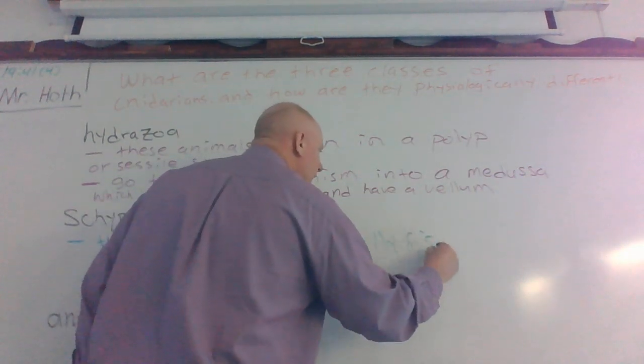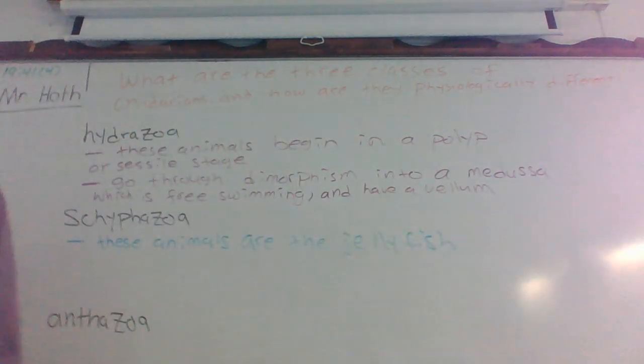And for this level, just to keep this simple, I've always said these animals, rather than going through a dimorphic stage, which they do, but they're different than that of the hydrozoans, here we just say these animals are free swimming. Free moving, swim, move, I don't care what you say. Any one of those, these animals actually move. Okay?